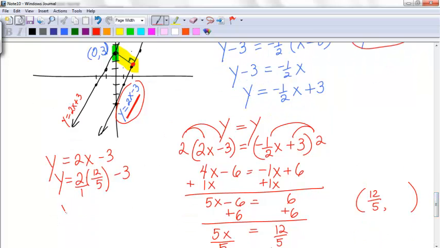I can't reduce anything there, but I can multiply, I get 24/5. 3 is the same thing as 3 over 1. 3 is how many fifths? 15. So that'd be 24/5 minus 15/5, which is 9/5. Okay, so now I know my ordered pair. This point is (12/5, 9/5).